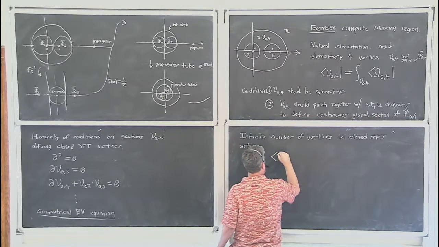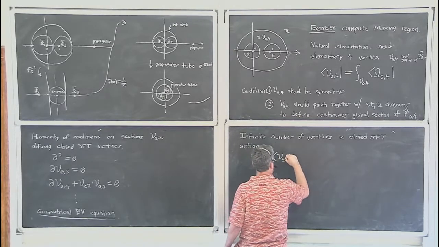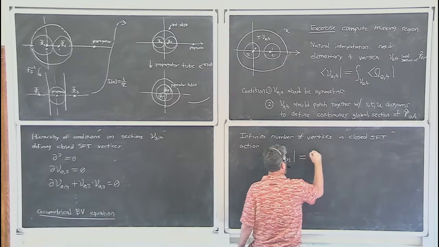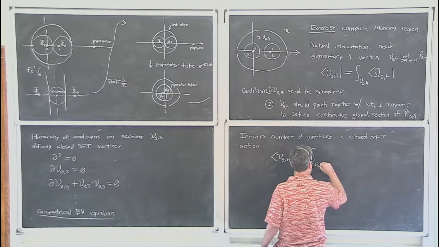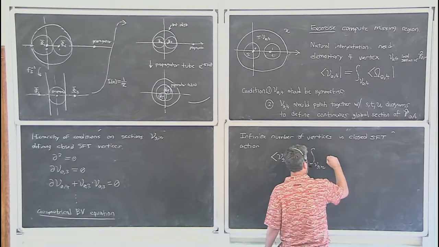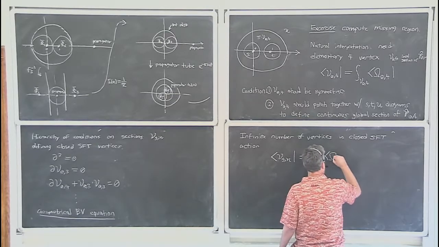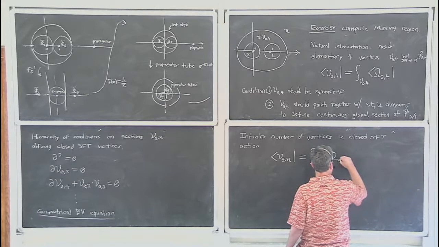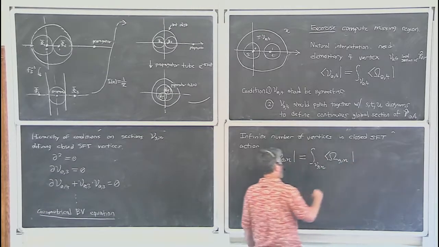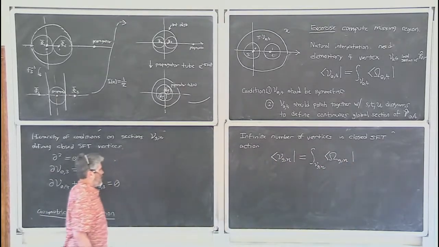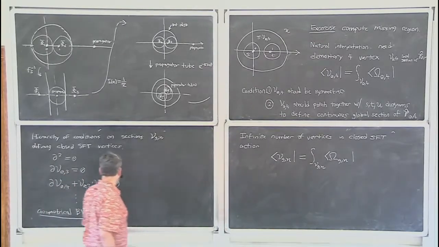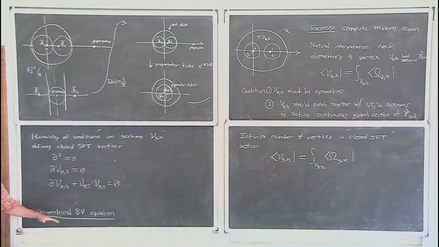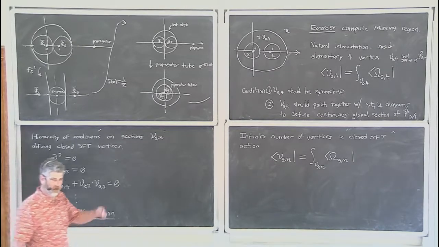And these vertices we can write as VGN, which are given by integrals over local sections V hat GN of P hat GN, of the measure. Okay? And these regions, these local sections, will have to satisfy this geometrical BV equation in order to have consistent amplitudes.